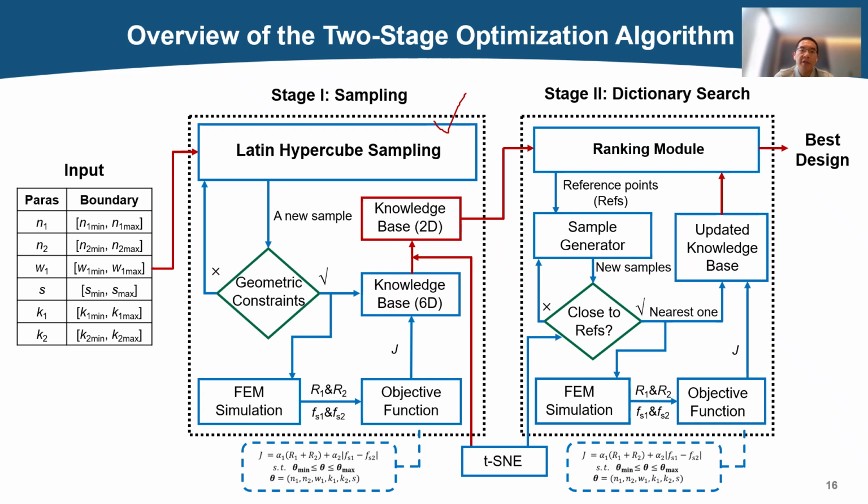Further details on Latin hypercube sampling will be discussed on the next slide. The sampled data points are initially filtered based on geometric constraints. Only those that meet the defined boundaries are passed to a high-dimensional knowledge base.